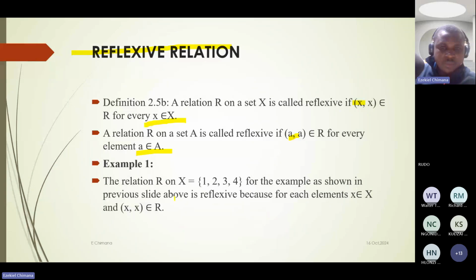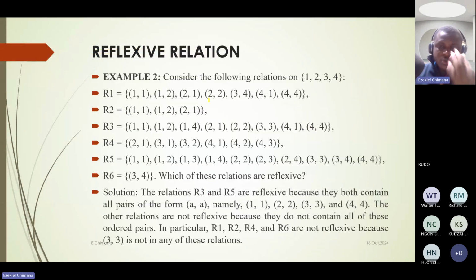So for example 2, let's look at this one. Consider the following relations on the set 1, 2, 3, 4. So you've got this set 1, 2, 3, 4, and the relations R1, R2, R3, R4, R5, R6 are being built on this set. So it's a relation being made from this set to this set itself.